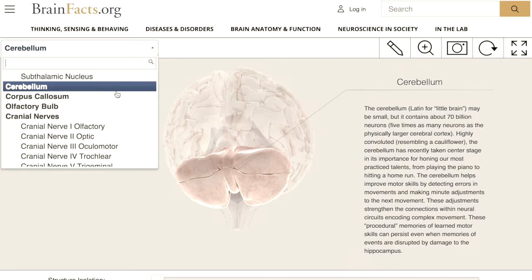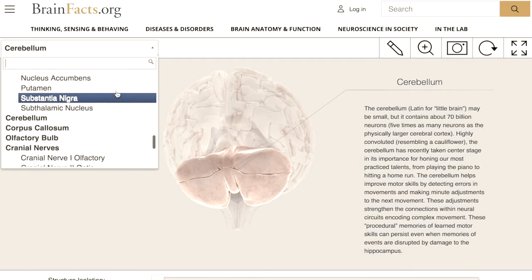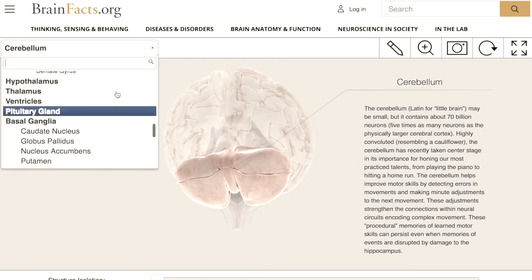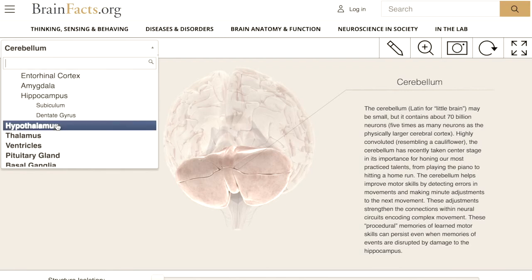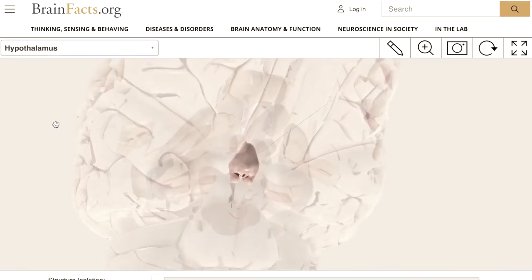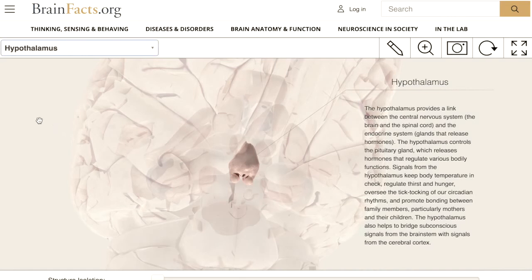Okay, so as we move up the brain, we then get to an area in the middle called the hypothalamus, which is just above the midbrain, which is a very important area, including the pituitary gland. They work together.